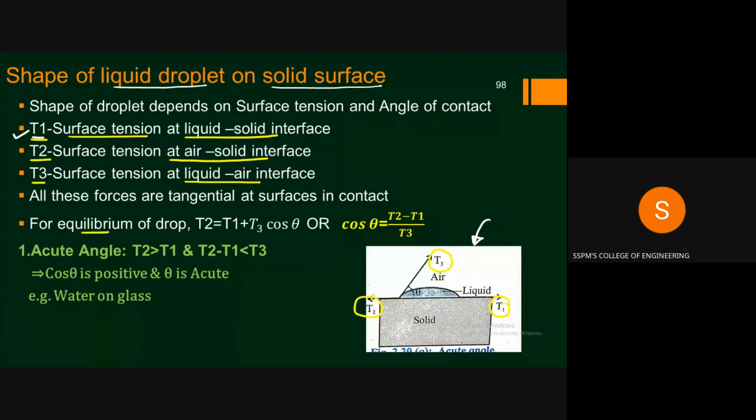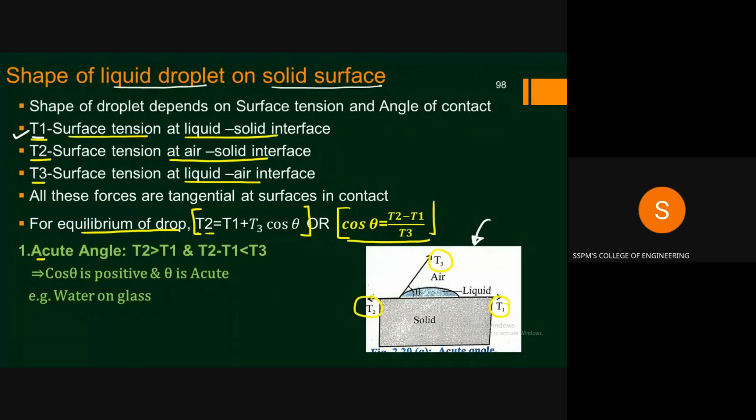So for equilibrium of any drop, this is the relation: T2 is equal to T1 plus T3 into cos theta, or cos theta is equal to (T2 minus T1) divided by T3.